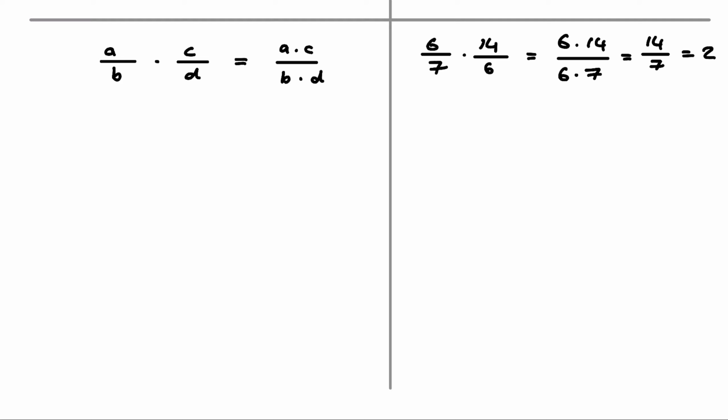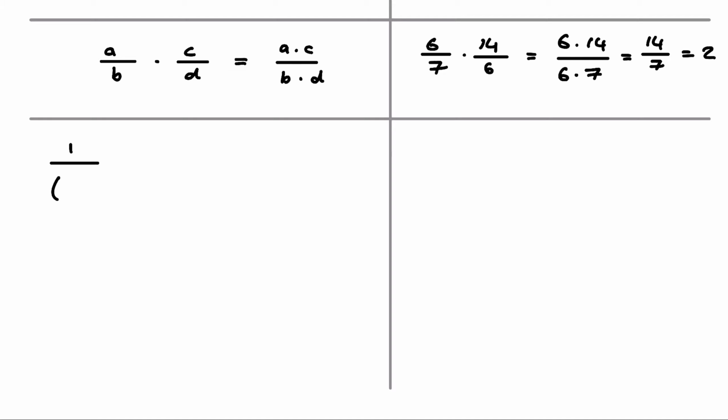Some consequences of this are that taking inverses of fractions kind of turns them on their head. So if I have 1 and I'm taking the inverse to A over B, it's B divided by A. That's basically because if I multiply B divided by A by A divided by B, it would be AB divided by AB, which is 1.